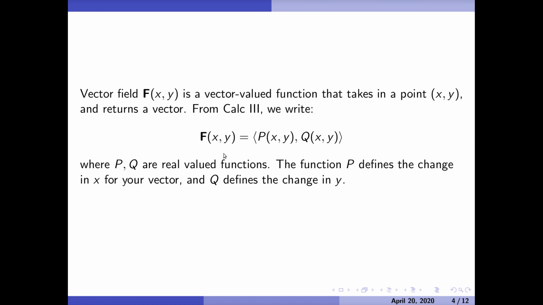Okay, so therefore f puts in a point and outputs a vector, right? And so p tells you how you're changing in the x coordinate, and q is telling you how you're changing in the y coordinate, right? So you might recognize that's actually a set of differential equations.